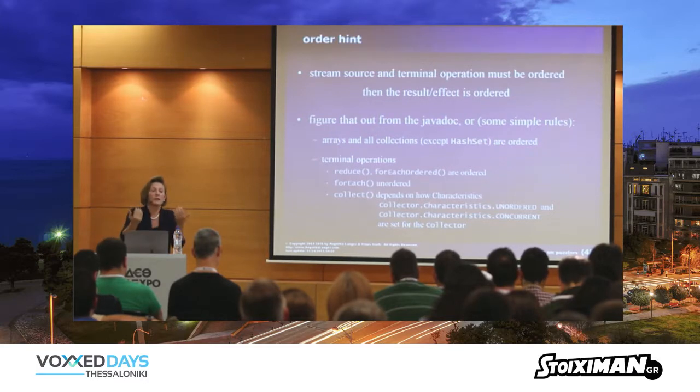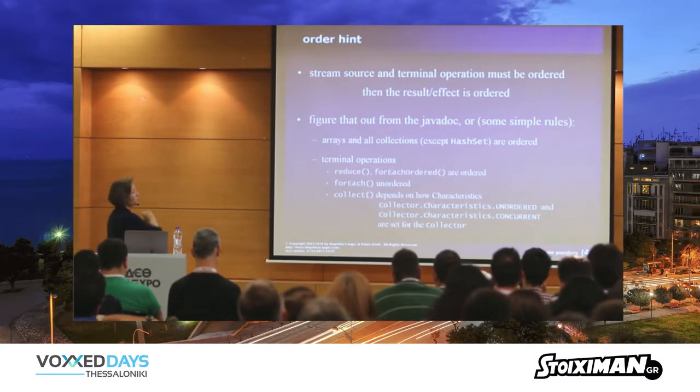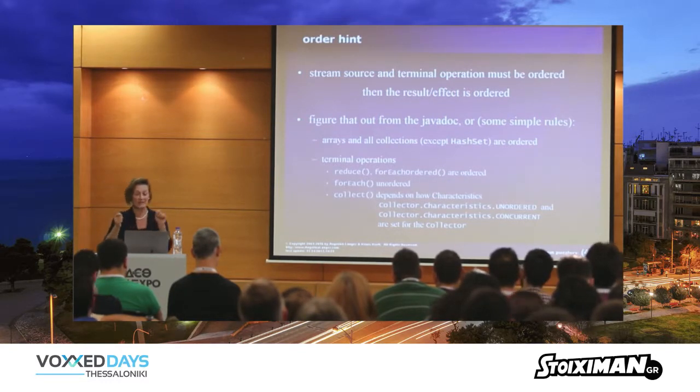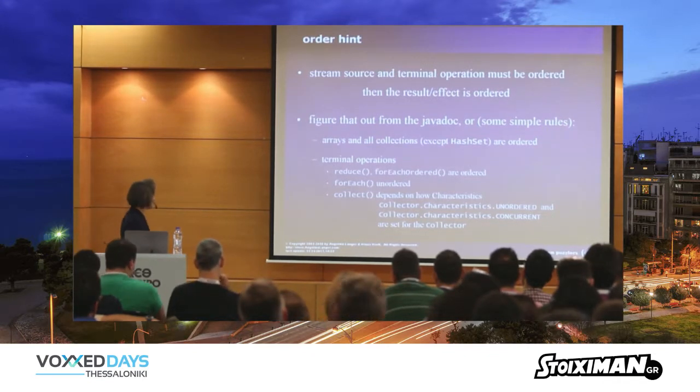So forEach was an example of an unordered terminal operation, and we got a garbled output. That is to be expected. That's a property of forEach. But we've seen that reduce is an ordered terminal operation. So if the input sequence has an encounter order, we will see the encounter order in the result of reduction.